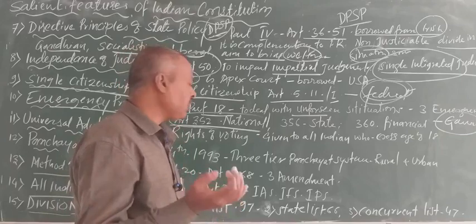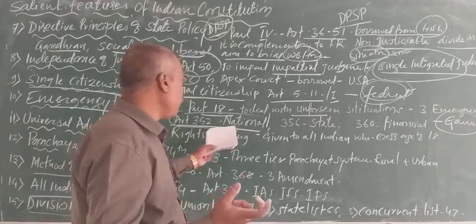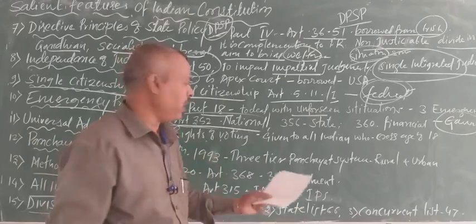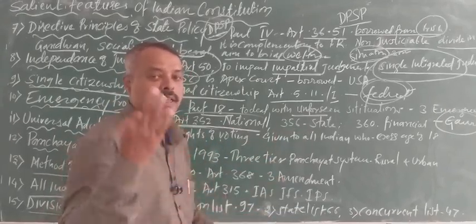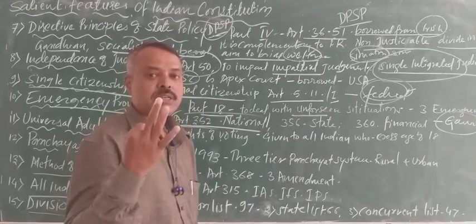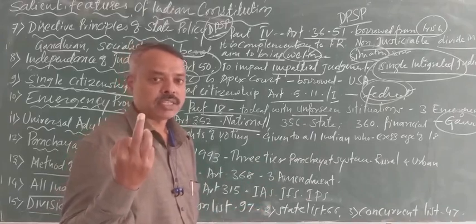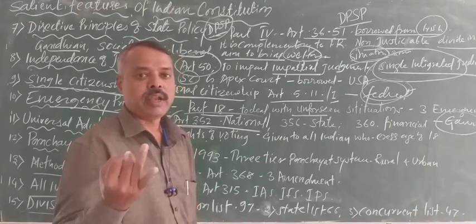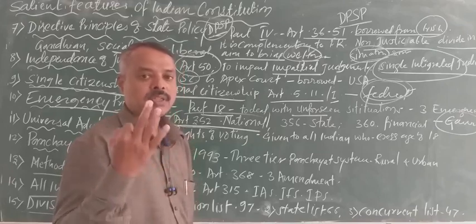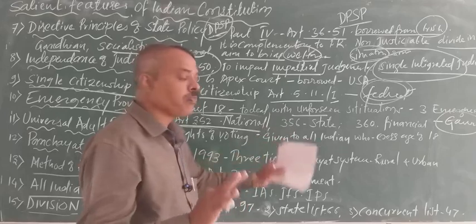So whenever the national sovereignty is in danger, the President of India, in consultation with Parliament, can declare national emergency. Till date, national emergency has been declared 3 times. One in 1965 and 1971 during the 2 wars between India and Pakistan, and the 3rd time in 1975 when Indira Gandhi declared the emergency.